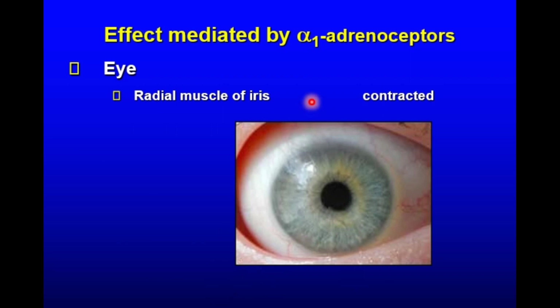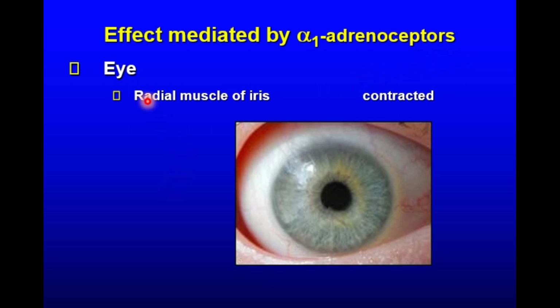Before we go to clinical application of adrenoreceptor agonists, let's describe their location and function on some tissues. First, examples of effects mediated by alpha-1 adrenoreceptor.